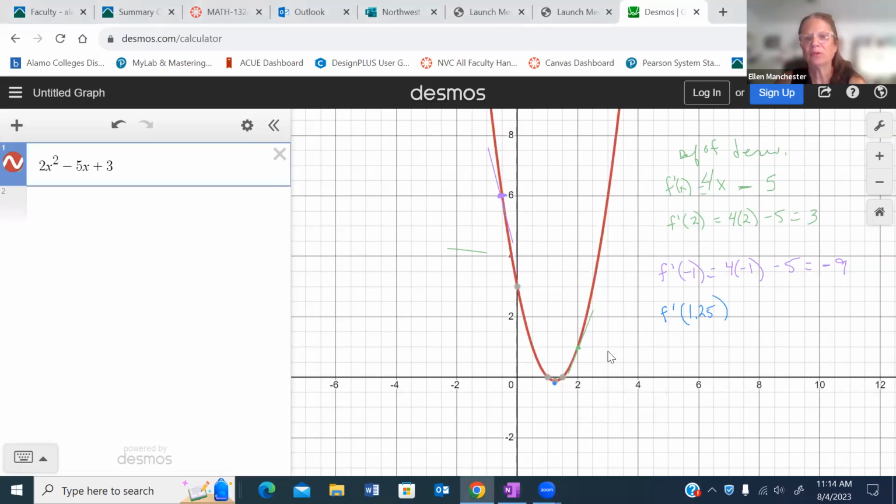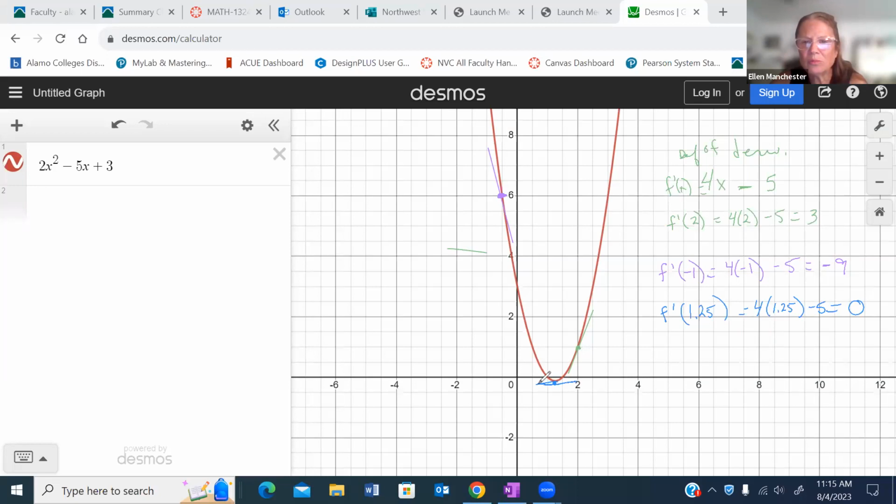Yeah, I'm pretty close, about 1.23. Okay, so at 1 1/4, let's see what happens. 4 times 1.25 minus 5. So again, I'm looking for what my slope is doing. Well, look at that. It's a 0.